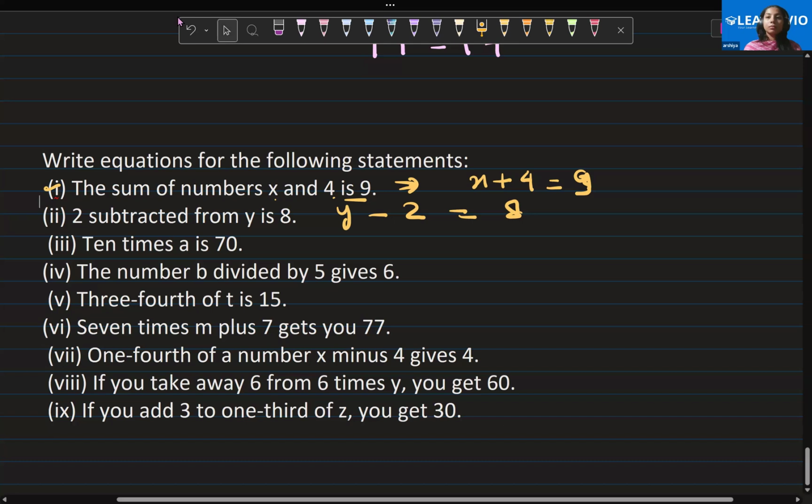Ma'am, don't we have to solve it? No, you don't have to solve them. They're just saying write equations for the following statements. They're not saying find the values also, okay?